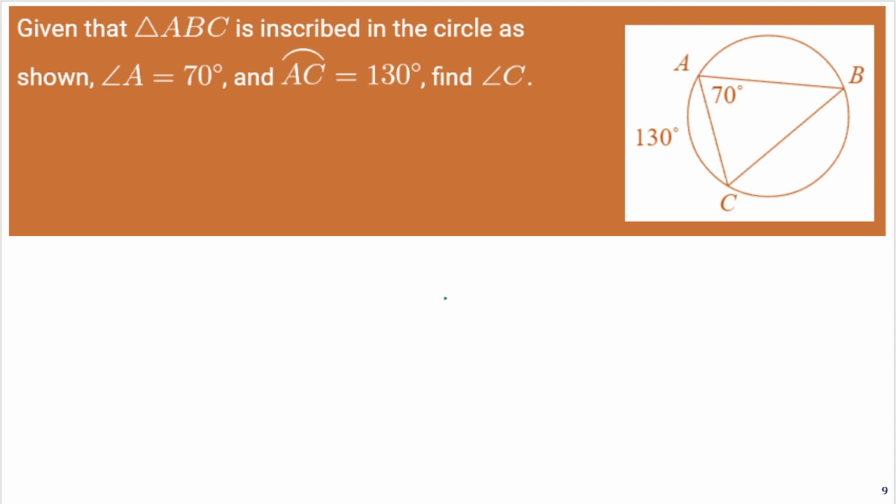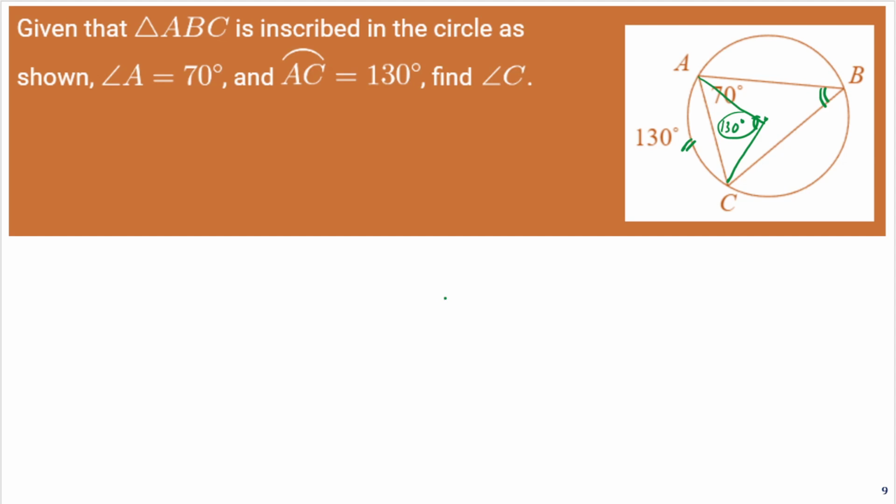Okay. Arc AC is 130 degrees. That means if suppose this is the center of the circle, then this angle here is 130 degrees, right? So if you consider the arc AC, angle B is inscribed in arc AC, right? Therefore, we know this angle must be half of this central angle here.